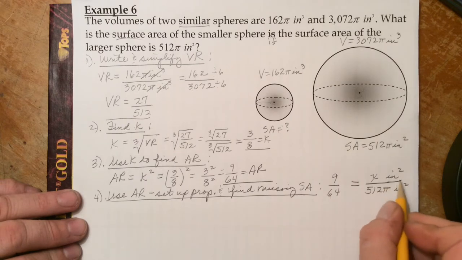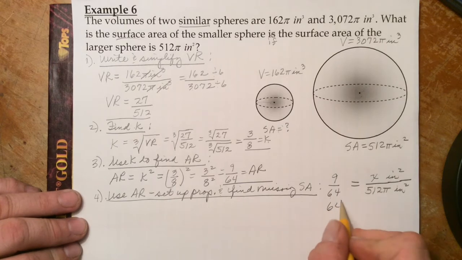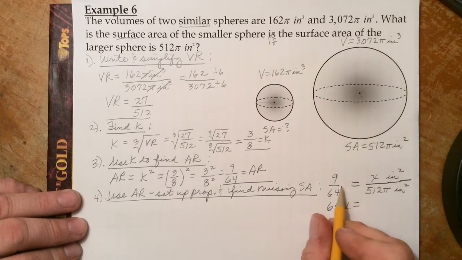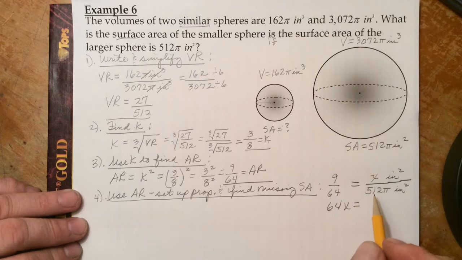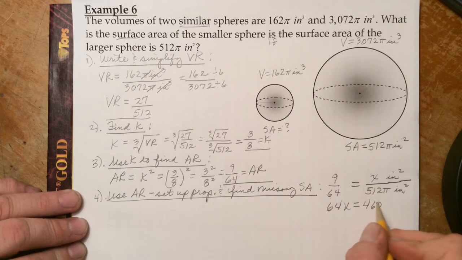Now don't forget your pi. Now we can cross multiply. 64 times x is 64x, and 9 times 512 pi is then 4,608 pi.